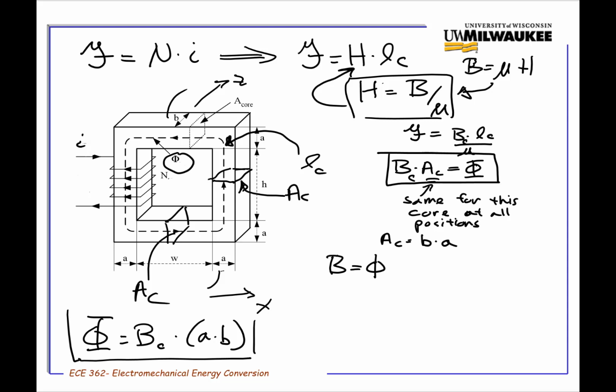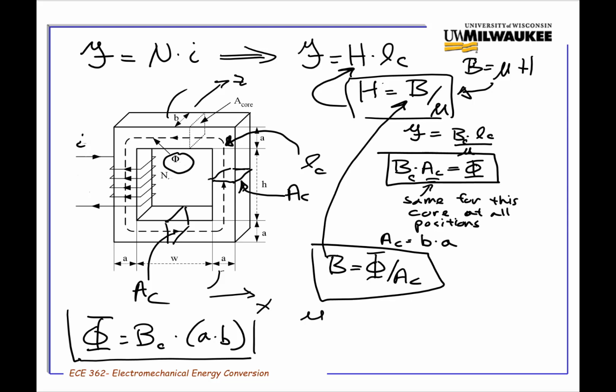It's equal to the flux divided by the area of the core. And I can plug this B into here. And now I have an MMF expression that is equal to the flux times the length of the core divided by mu and the area of the core.